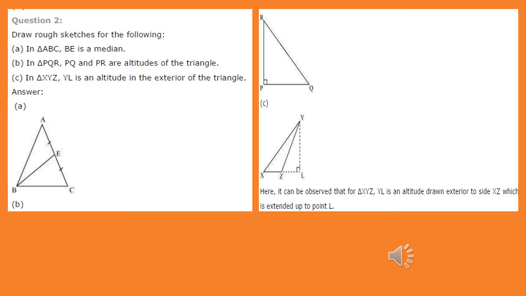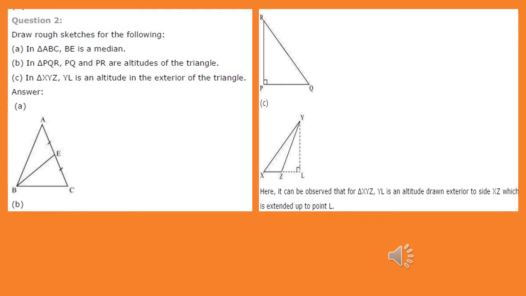So first you draw the triangle ABC, and as it is BE, it must be joining the midpoint of the opposite side AC. So B is the vertex, the opposite side is AC. The midpoint of AC must be E because it is told it is a median, and you are joining BE.